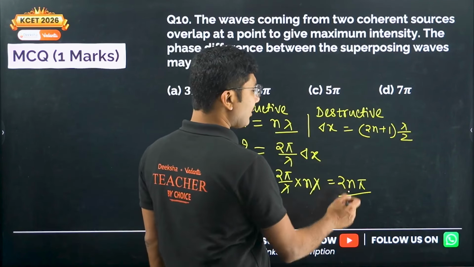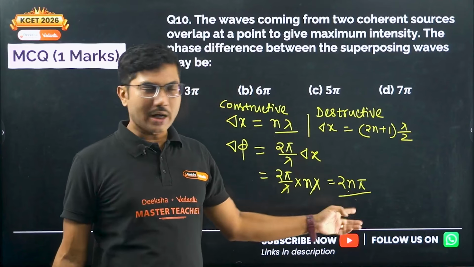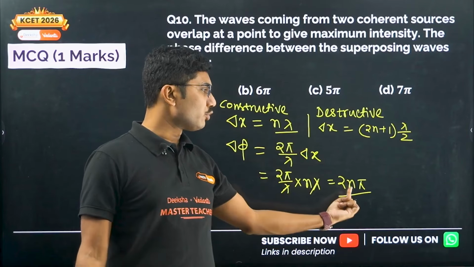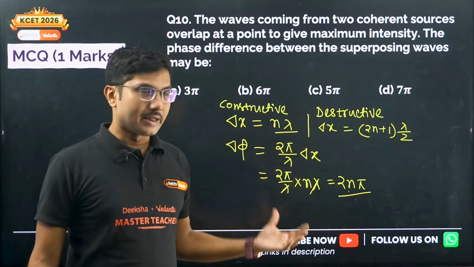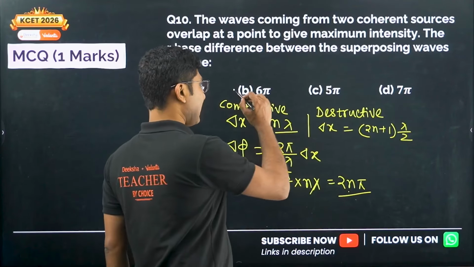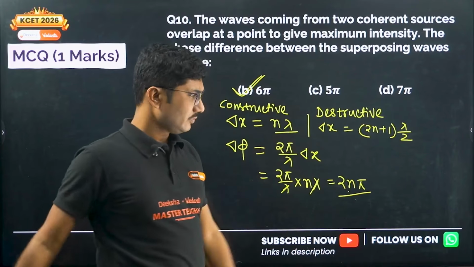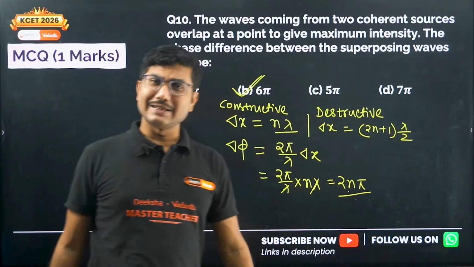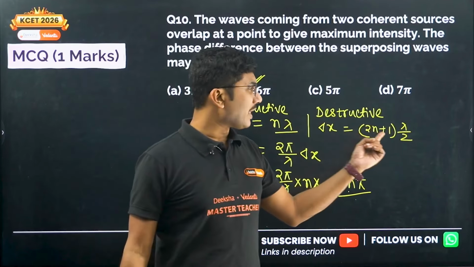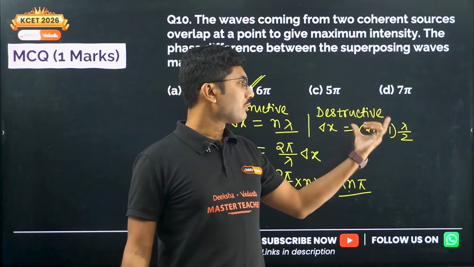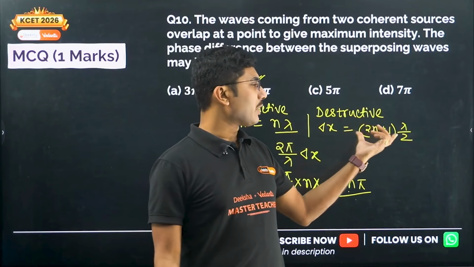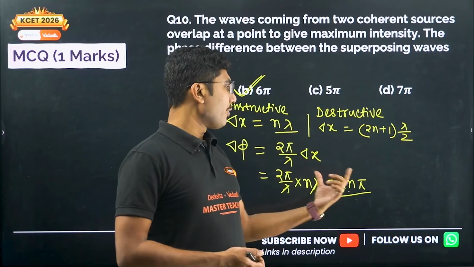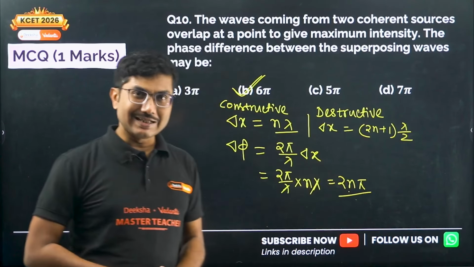But we know that 2n pi, if you put n equals 1 you get 2 pi, if n equals 2 you get 4 pi, if n equals 3 you get 6 pi. So the only possible answer in this case is an even number, because 2n pi is an even number. 2n plus 1 is a representation of an odd number. If you are wondering, 2n plus 1 represents an odd number, whereas 2n represents an even number.